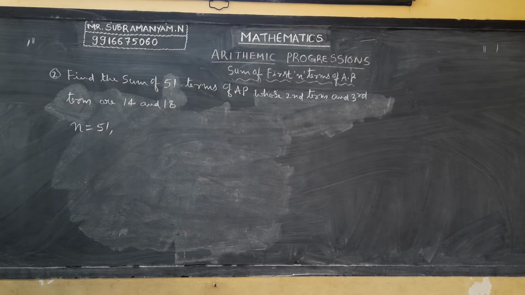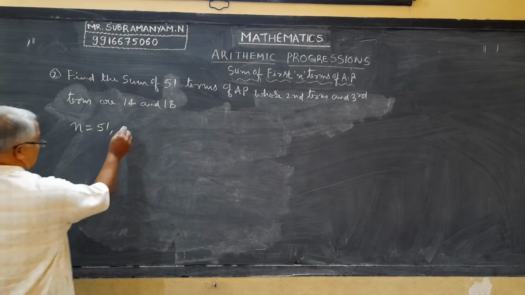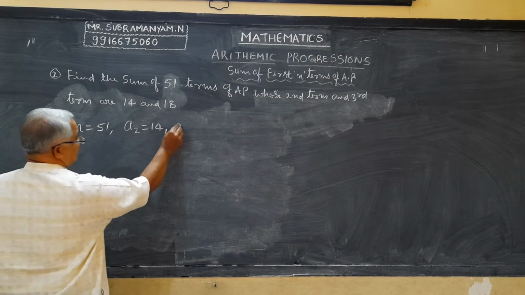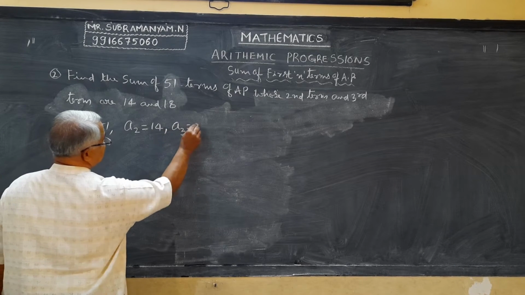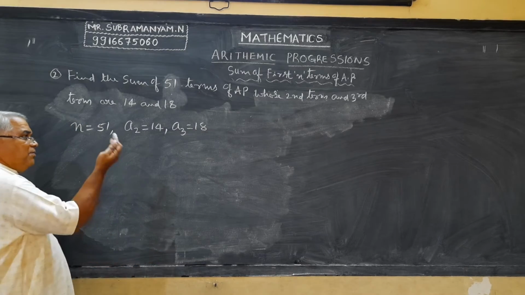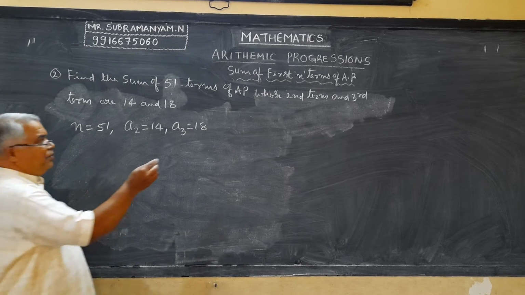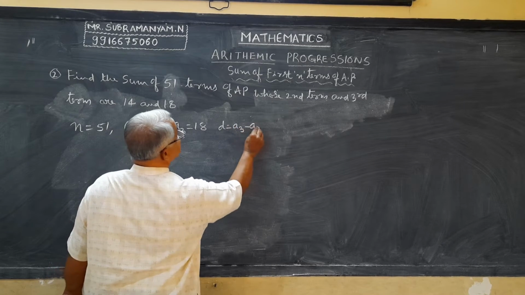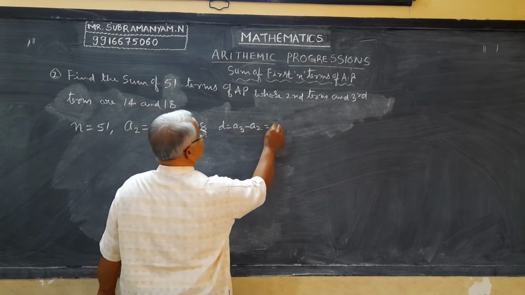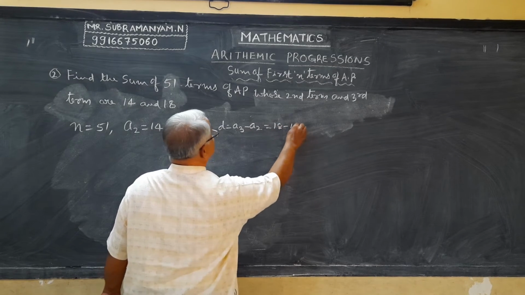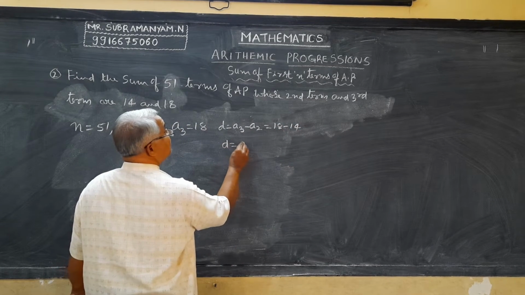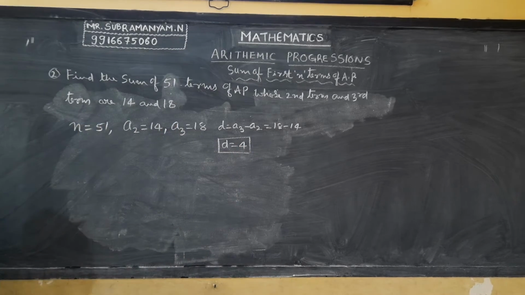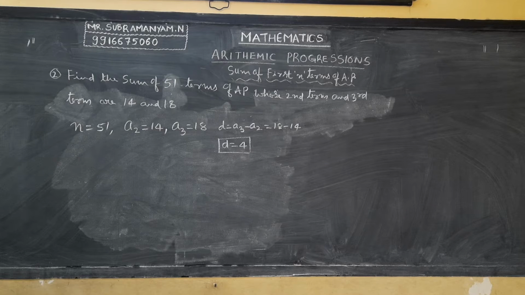A2 value is 14. And what is a3? It is 18. From a3 and a2 we get the value of d. D equal to a3 minus a2, that is nothing but 18 minus 14. So d value is 4. We have got the common difference.